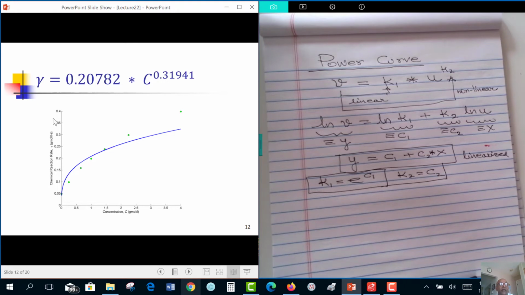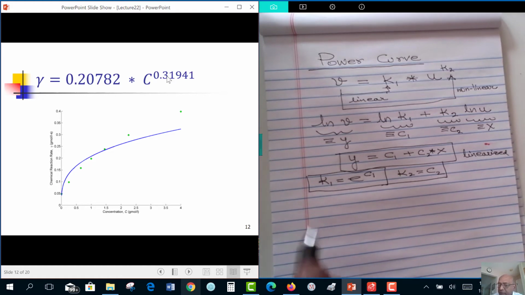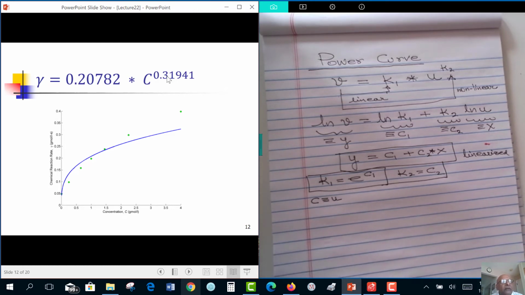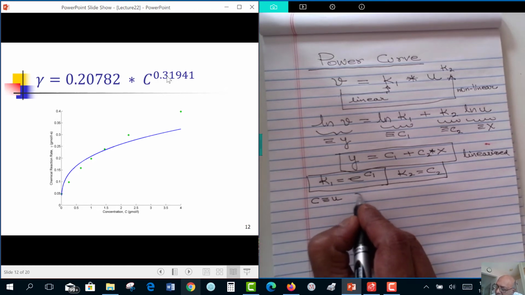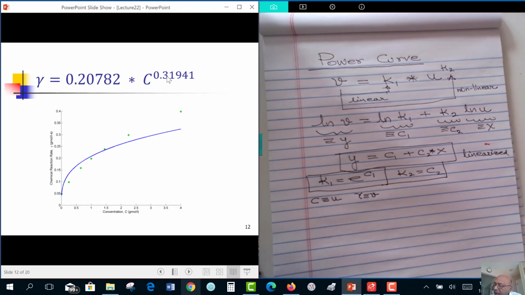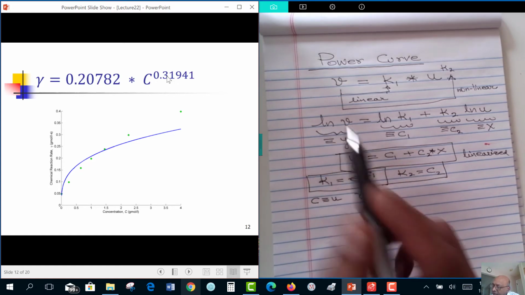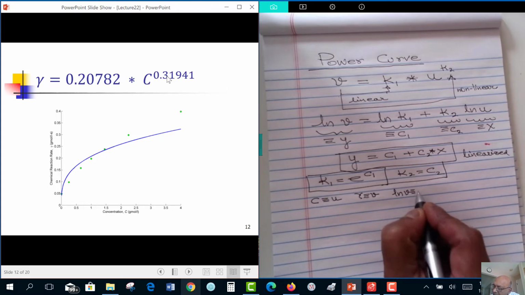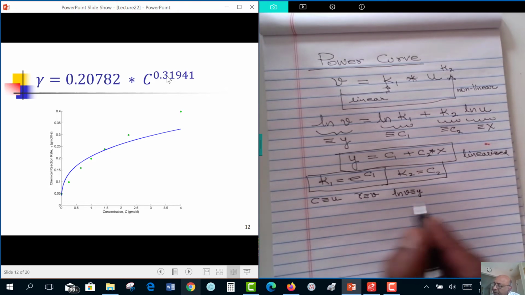so we have chemical reaction rate, gamma, is K1 times concentration, which is like U, to power K2. So again, remember, we are given concentration, that's same as U. We are given reaction rate, which is same as V. And log of V is our Y. So we take log of this.